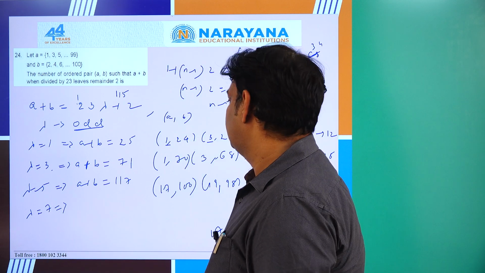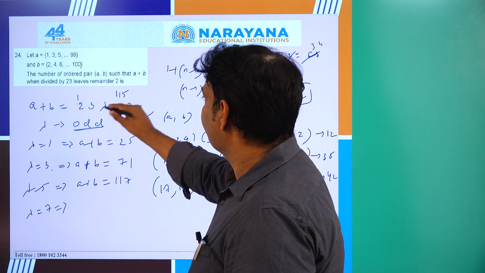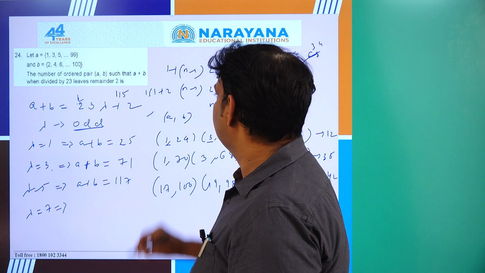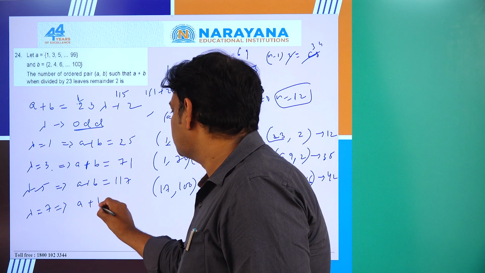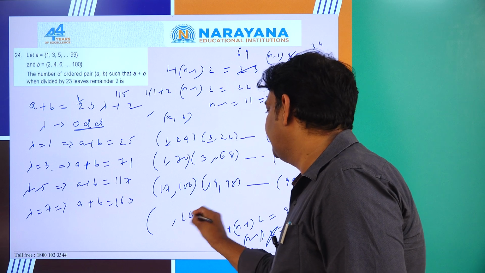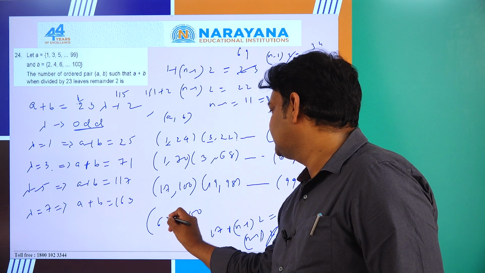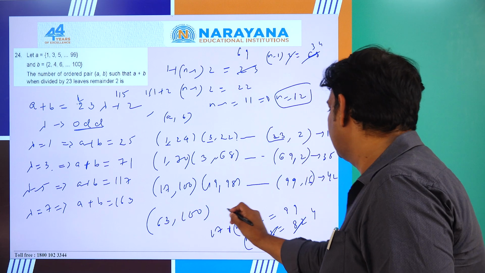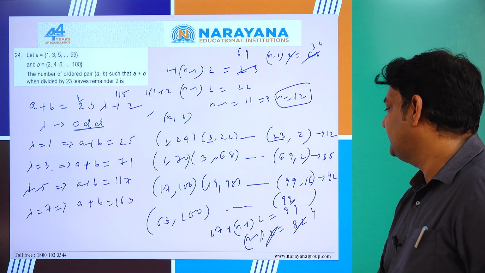Now we will go for lambda is 7. A plus B is 163. So again it takes 100 as the maximum possible value of B, then A will be 63.